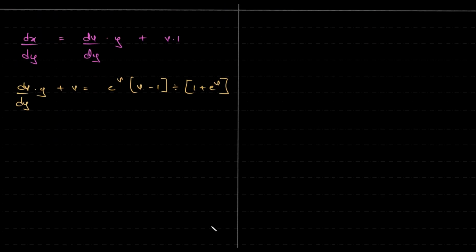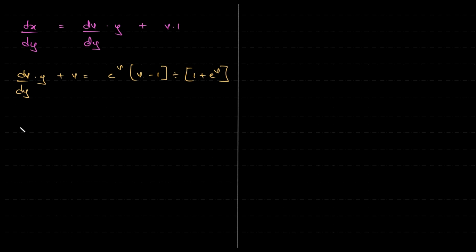A bit of rearranging and we are almost there. So next step is rearranging. Okay, so I need to transpose all of this, and dy by dx goes over there. Before that I need to handle v over here. So dv by dy into y is equal to e to the power of v minus 1 over 1 plus e to the power of v minus v.